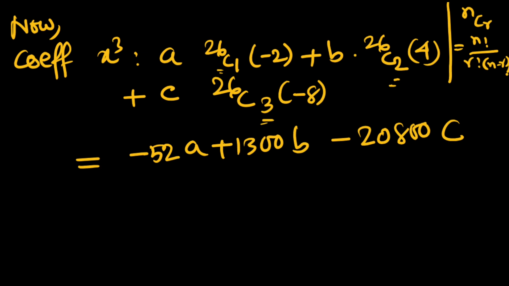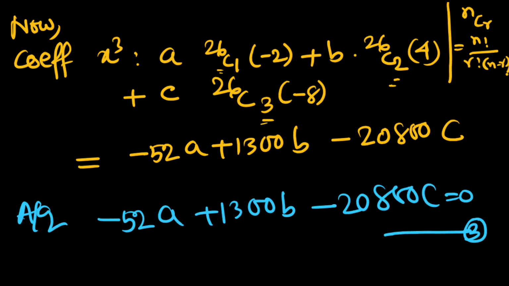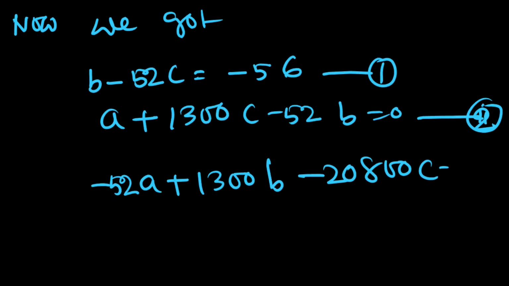Now according to the question, this term is also 0, so minus 52a plus 1300b minus 20800c is equal to 0. Numbering it 3, now we have three equations and three variables, so it is solvable and we can find the values of a, b, c.